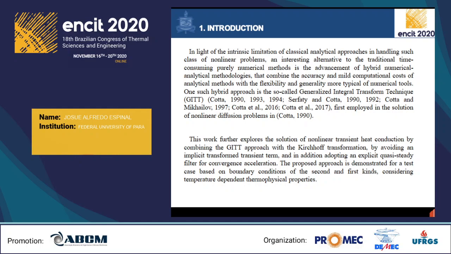The formalism behind the GITT for nonlinear diffusion problems involves the choice of an eigenvalue problem with linear coefficients, though arbitrarily variable in the space coordinates, that are characteristic representations of the original nonlinear coefficients, for instance, by evaluating them at the initial or steady-state known temperature distribution.